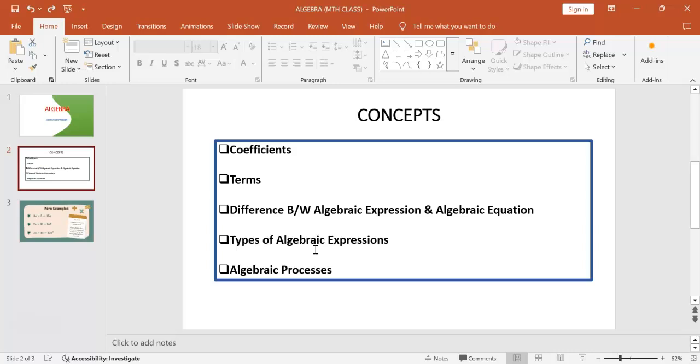And there are basic laws and properties that you should know here, things like distributive properties and associative properties, or associative law. When you say something is associative or distributive, what does it mean? We are going to be looking at all those things.